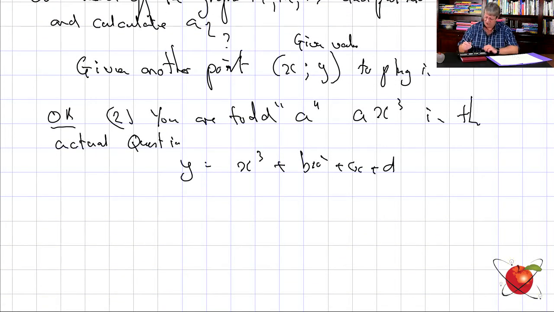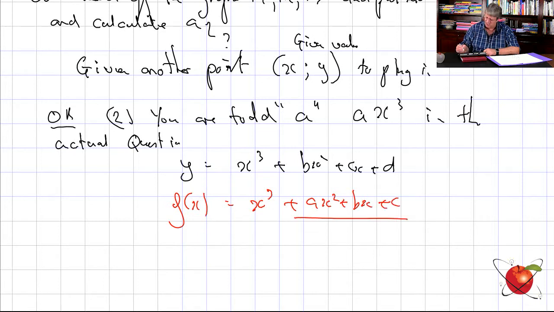Many problems are put as f of x given is x cubed plus ax squared plus bx plus c. Please be careful. They often put the a, b, c down there like that.